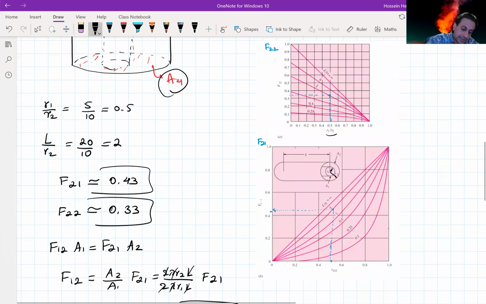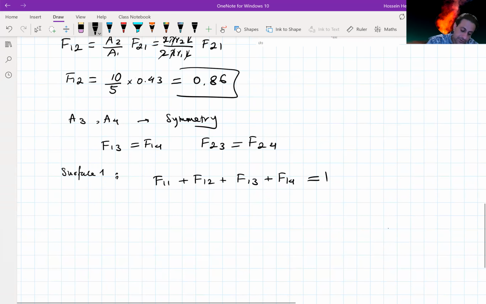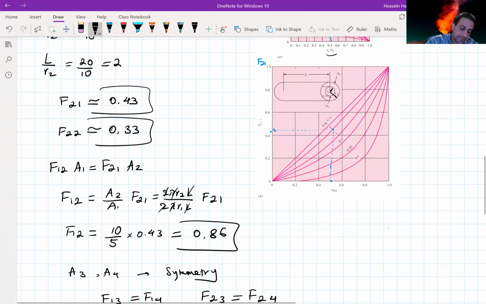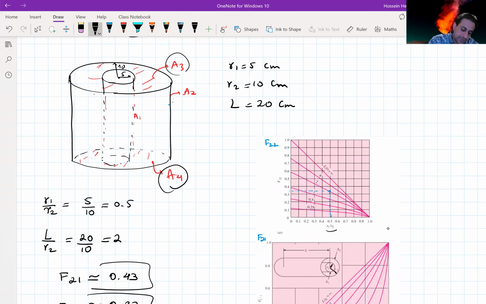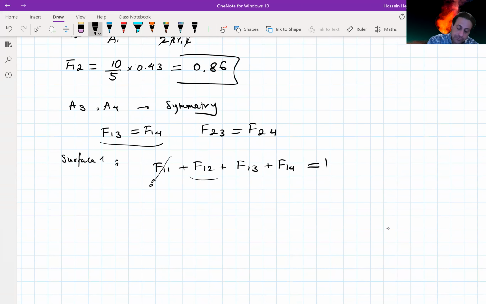The inner cylinder doesn't see itself, so any radiation from this surface does not strike itself, so F11 is going to be 0. We have the F12 value, and we know F13 and F14 are the same. These two surfaces at the bottom and at the top are exactly symmetrical with respect to A1. That's why we have this equality of the view factors.